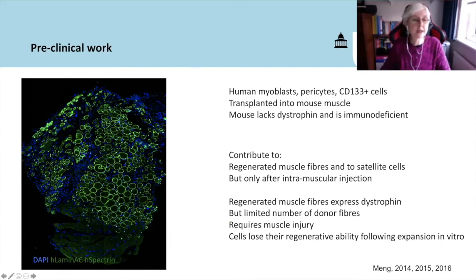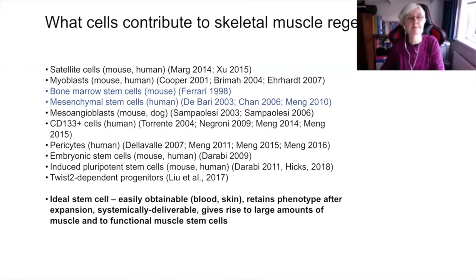This looks like a lot of muscle of donor origin, but in fact it's about 150 fibers, in a muscle which contains 1,500 muscle fibers. So only a small percentage of the whole muscle is dystrophin positive. The other problem is that many of these cells lose their capacity to contribute to muscle regeneration after they've been expanded to large numbers in tissue culture.